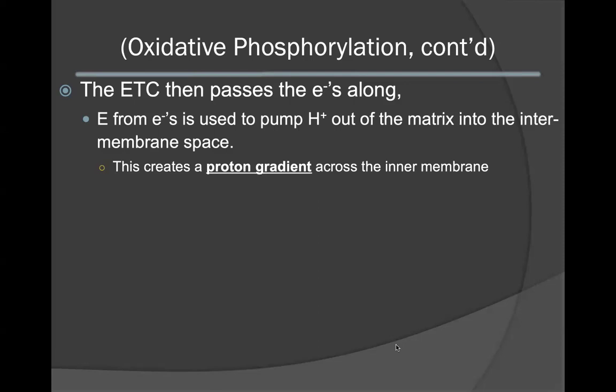Once we have that proton gradient established, remember, in establishing a proton gradient, this is considered to be active transport. So we are going to use energy to pump these protons because they need to go from an area of low concentration to an area of high concentration. This energy will come in the form of the electrons.